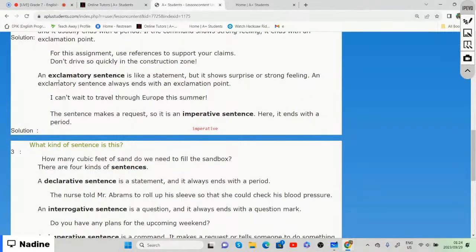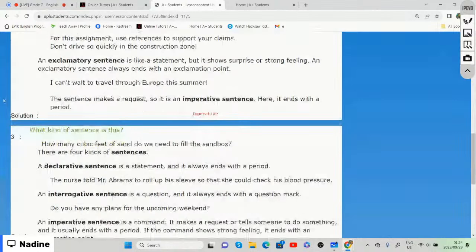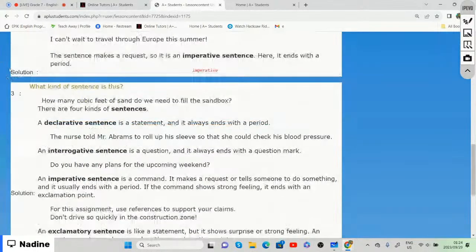How many cubic feet of sand do we need to fill the sandbox? So how many?